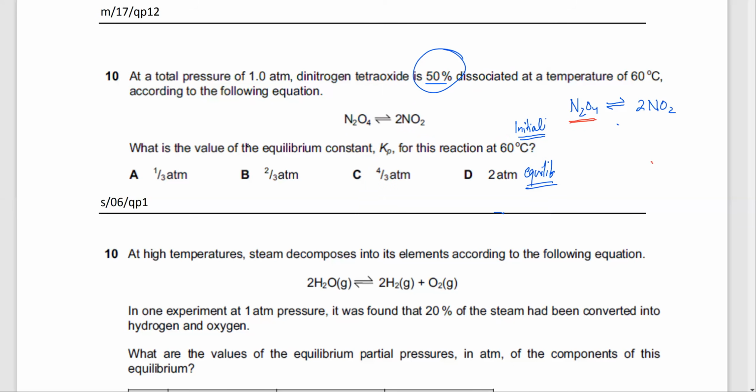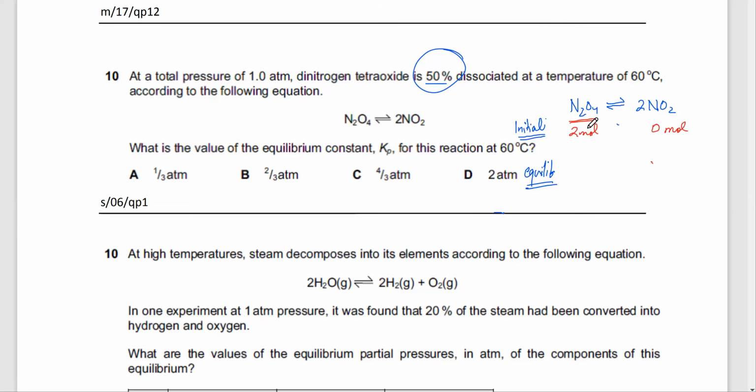For example, let's start with 2 moles. Let's say right at the beginning, I had 2 moles of N2O4 and no moles of NO2. Now 2 is a hypothetical number.